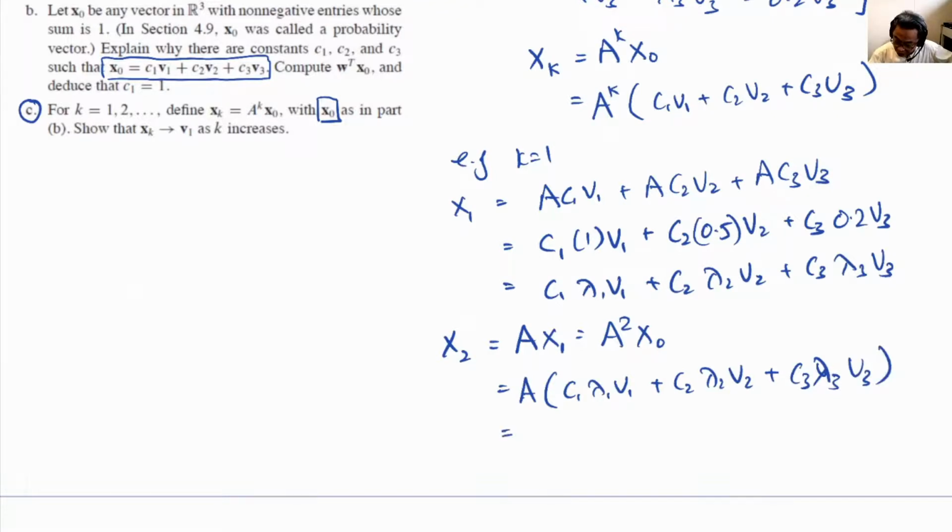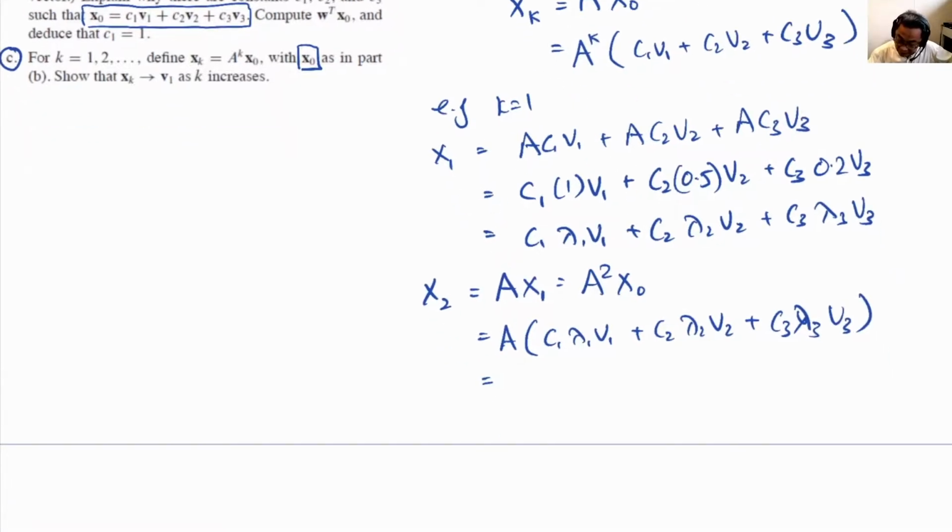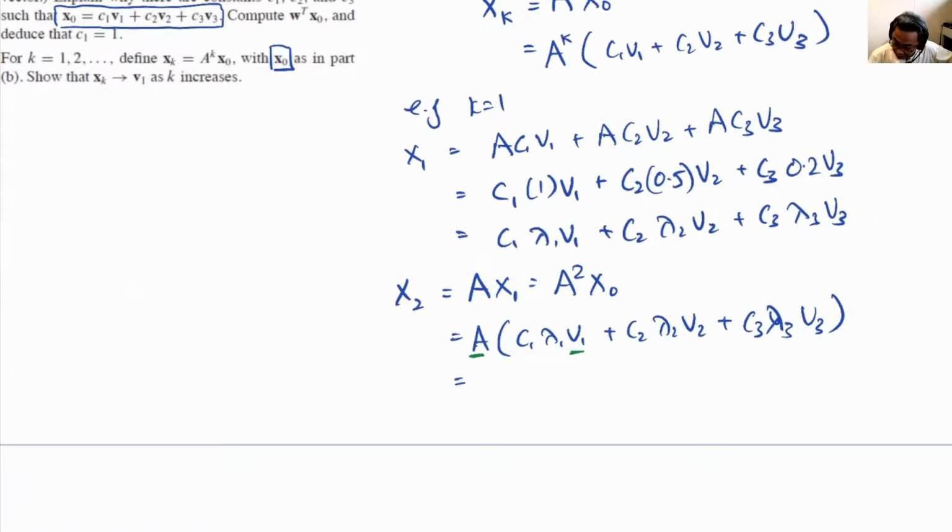Now again, we are interested in A times v1, A times v2, A times v3, because we can ignore the scalar. So what do we get? We have c1 lambda 1, A times v1 is lambda 1 v1, plus c2 lambda 2, A times v2 is lambda 2 v2, plus c3 lambda 3, A times v3 is lambda 3 v3.